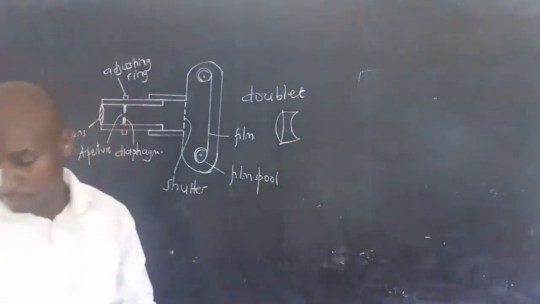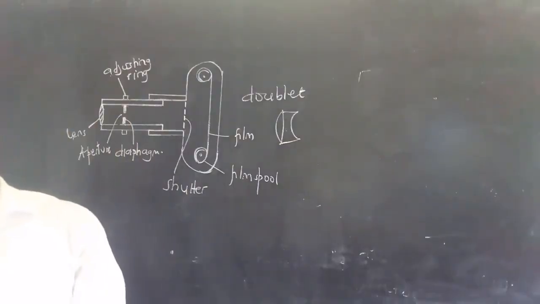That's what we call an achromatic doublet. Spherical aberration in a photographic camera is minimized by use of a diaphragm, which cuts off marginal rays and only allows central rays to pass through.